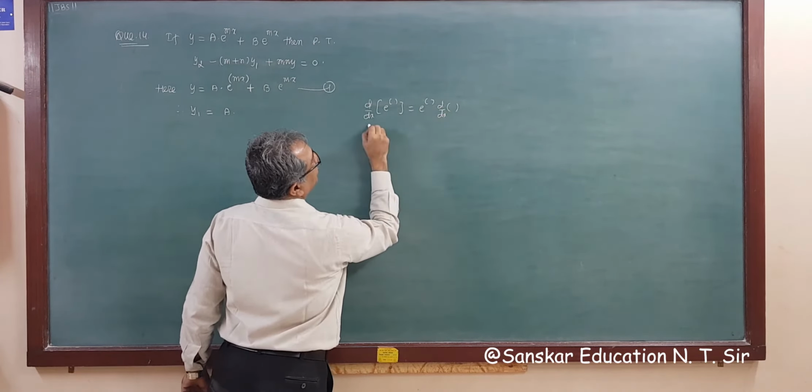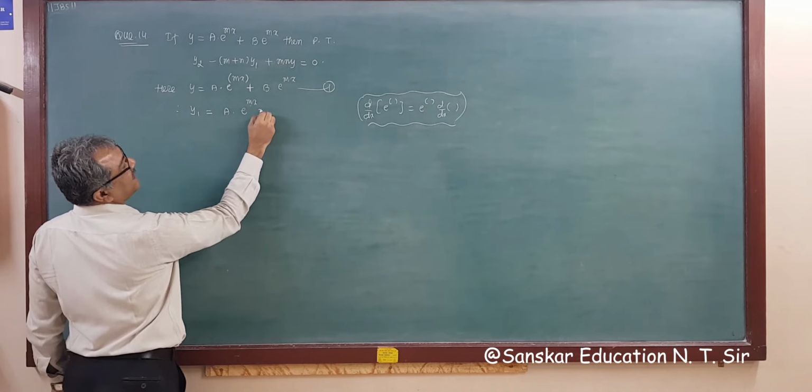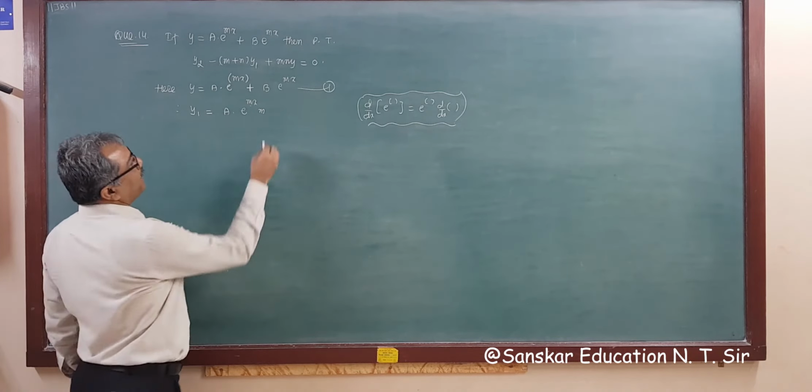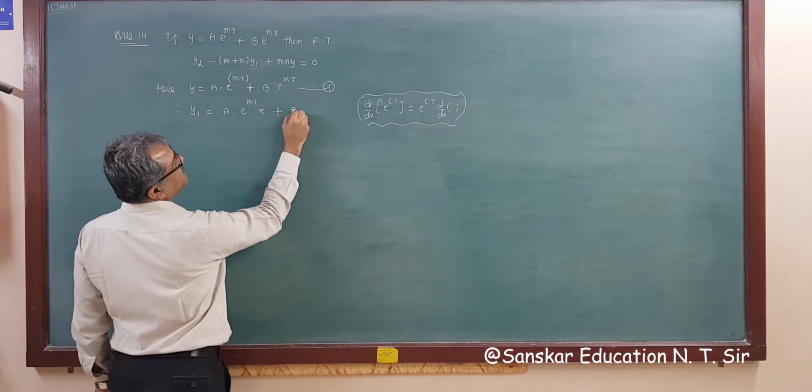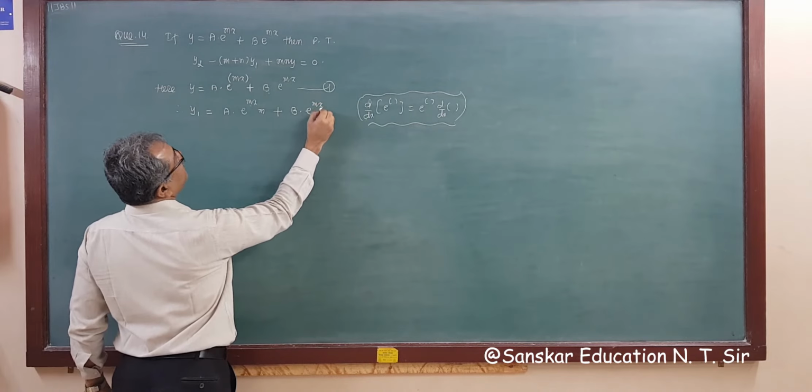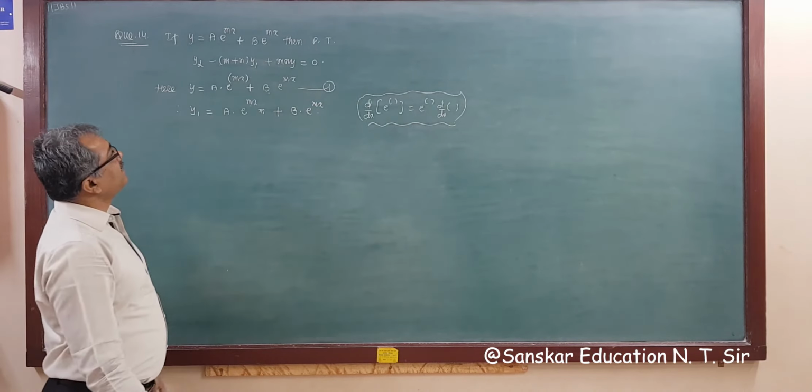So differentiating this, what we get? e^(mx), and the derivative of mx is m, plus b as it is, the derivative of the same thing, e^(nx).